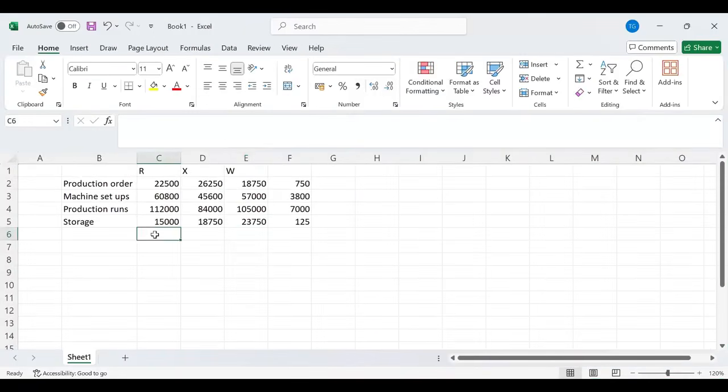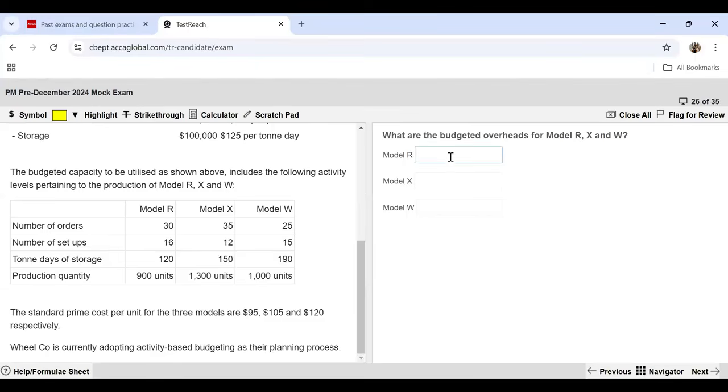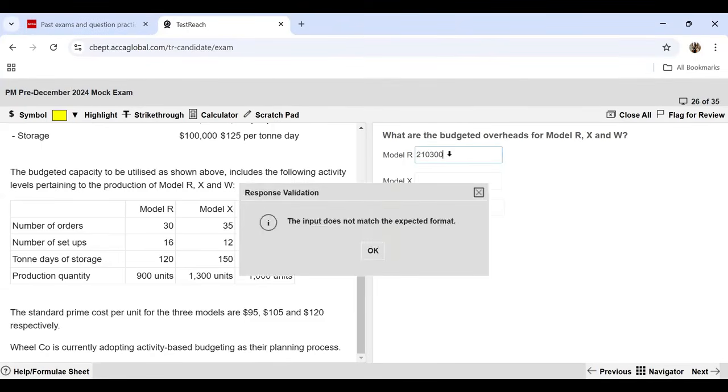Now, the last thing that you will have to do over here is sum all of them together. So this is going to give you the final budgeted overheads that you're going to post to all three of your models. First one is 210,300. So you'll input this over here. Model R is 210,300.